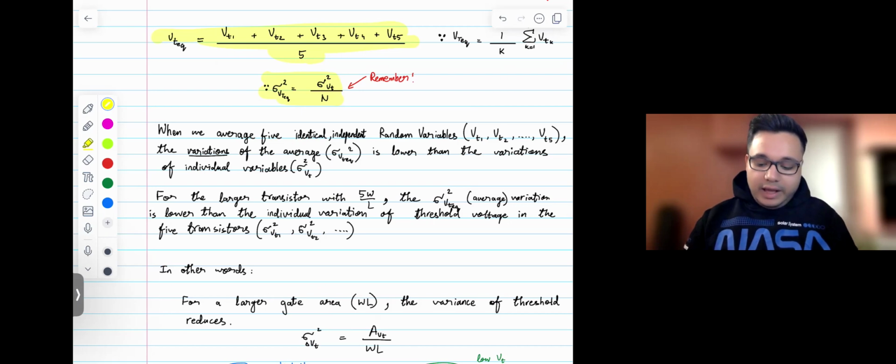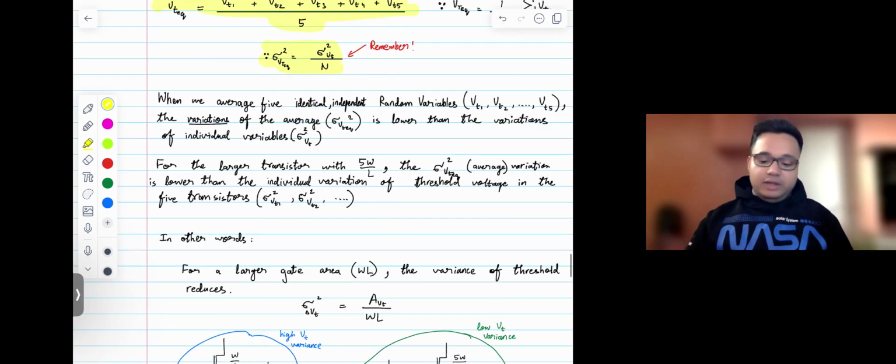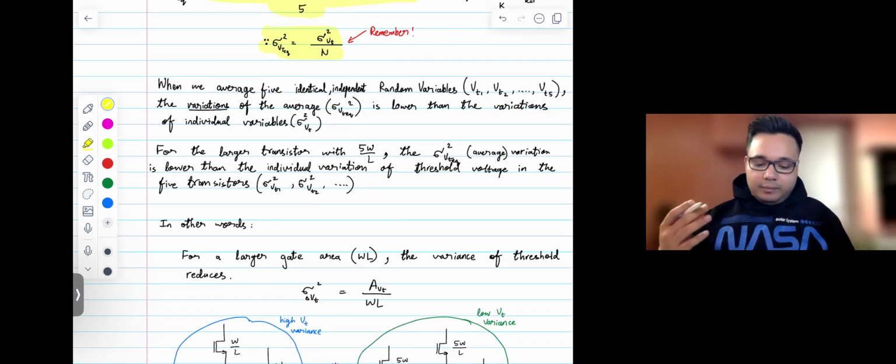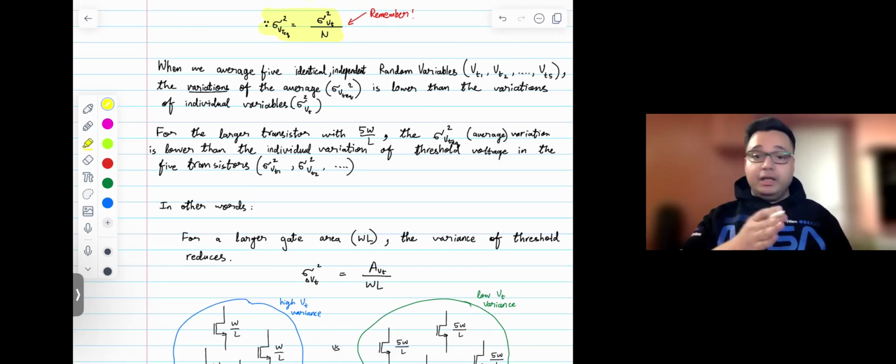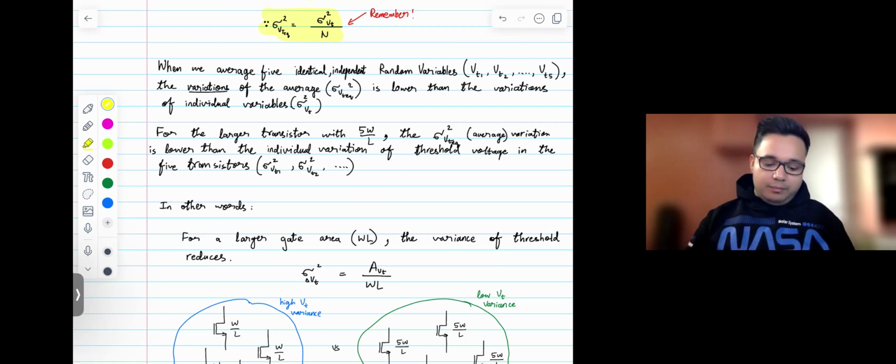Okay. And for larger transistors, like let's say 5 times W by L, the average variation is lower than the individual variation of any one of those 5 transistors. Okay, in this specific case.